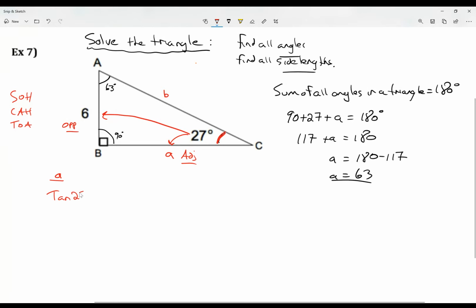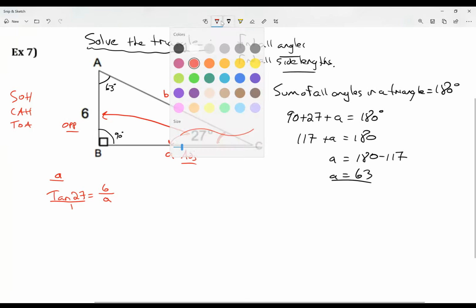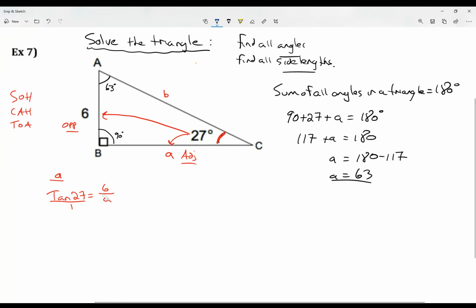The tan of my angle, 27, will equal the opposite, which is 6, divided by the adjacent, which is A. I don't know what it is. Now, we did examples like this in the first lesson. If I write the tan of 27 over 1, I have a proportion, so I can just cross multiply and divide. I take 6, multiply by 1, and divide by the tan of 27.